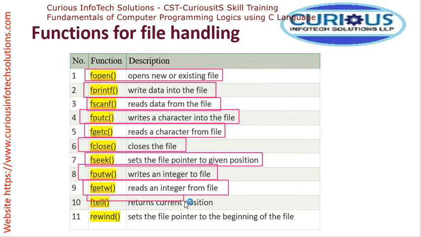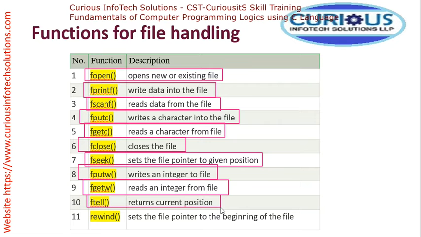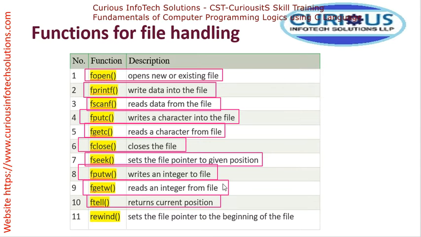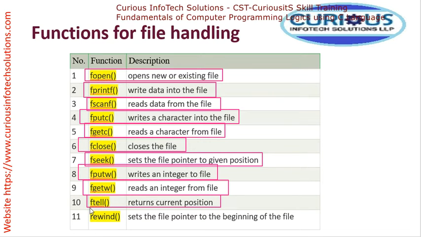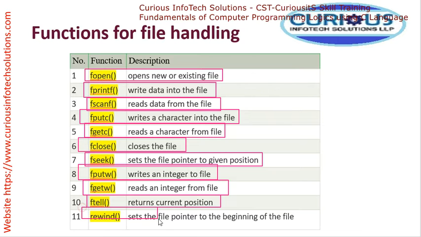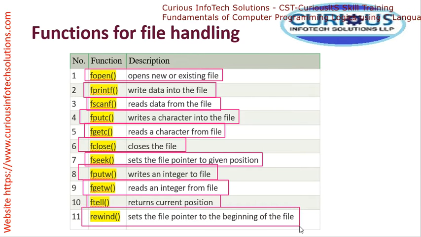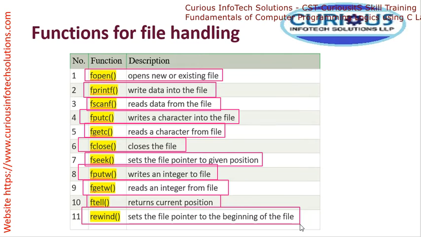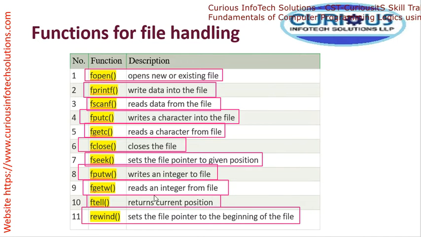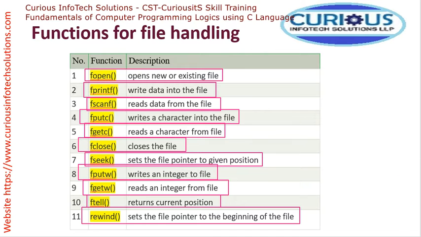Ftell, it will return the current position of the pointer in the file. And lastly, rewind, if we want to go to the beginning or somewhere back, we have to rewind our file. So these are the very popular functions used for file handling.